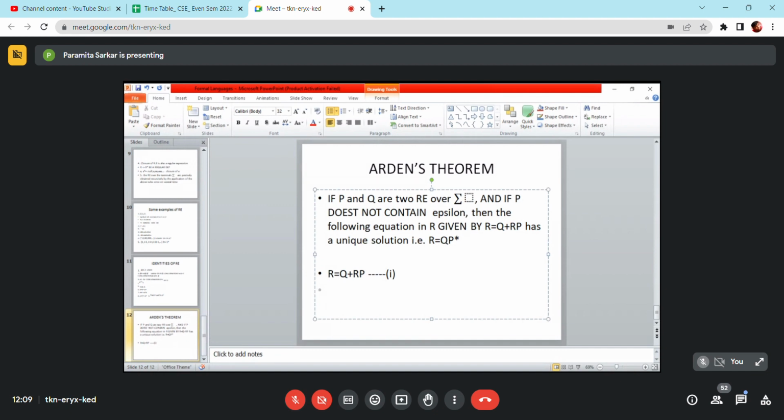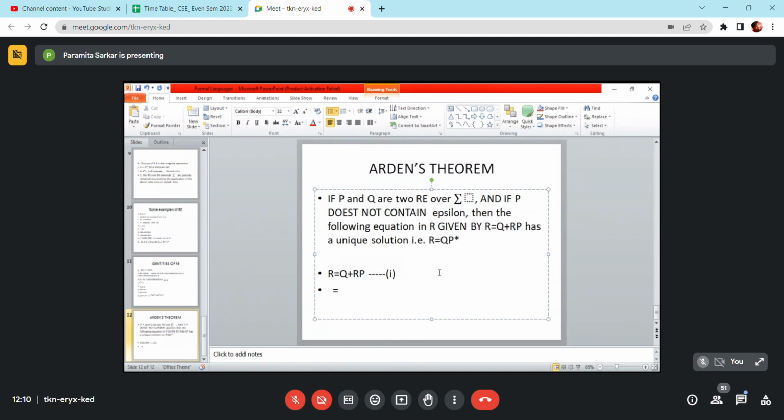Now from this I can write, for replacing this, we have to check our identities that I have shown you. So Q plus RP, instead of R we can replace R equals QP star. Arden's theorem says that this is our solution.